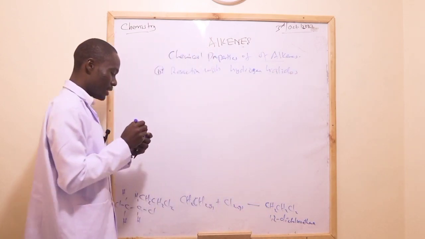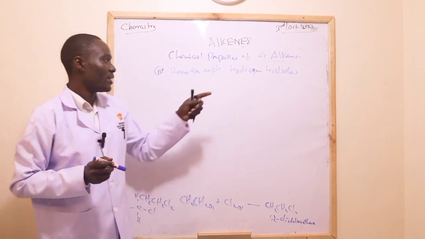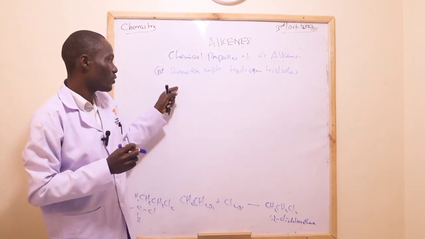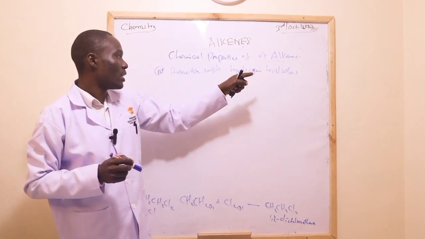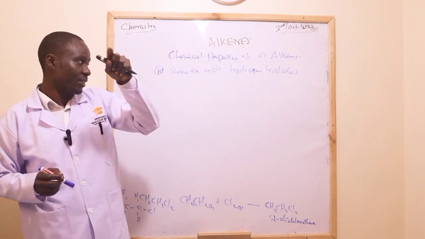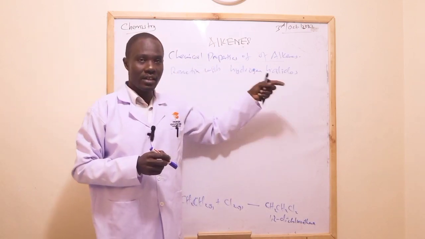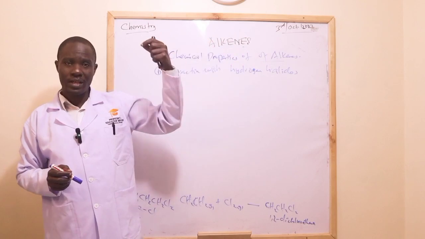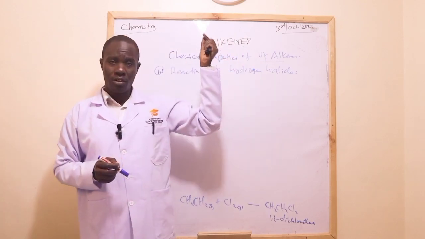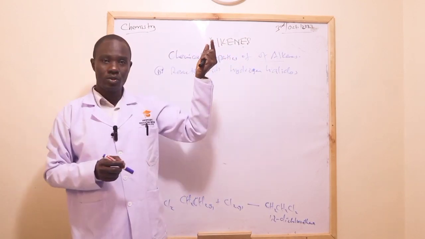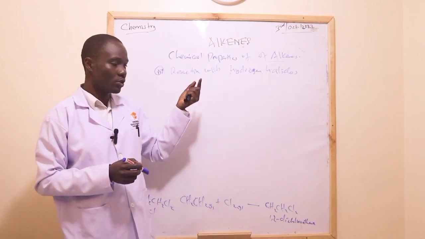Now, hydrogen halides are different from halogenation, which normally confuses learners. Halogens are just the members of group 7, but hydrogen halides are new compounds that are formed when hydrogen reacts with members of the halogens. That's what you need to know.